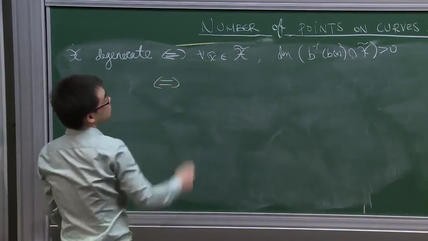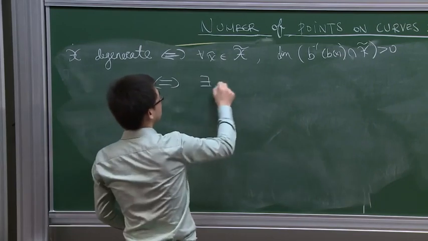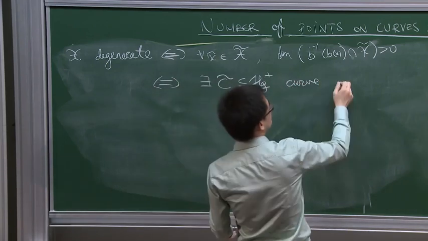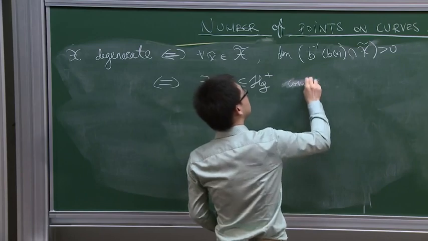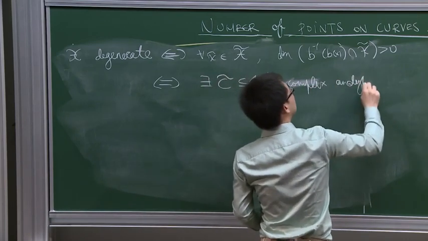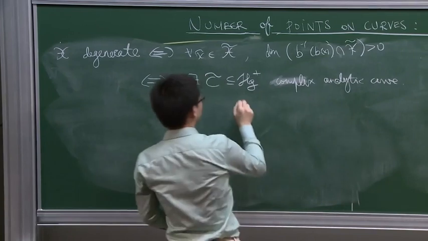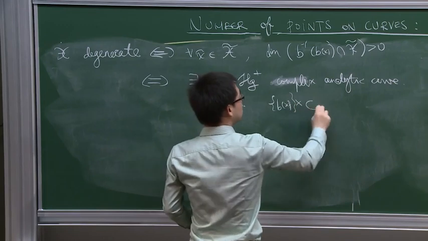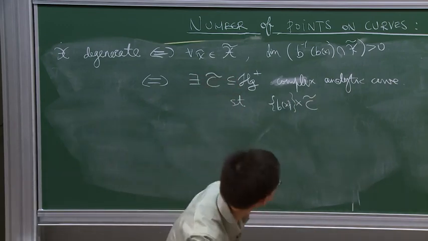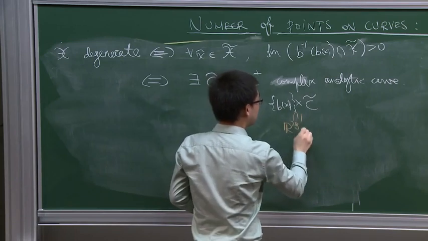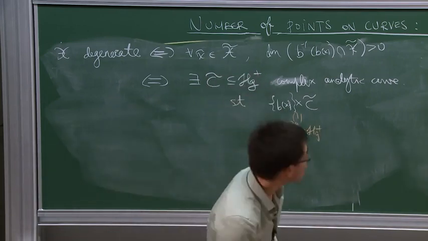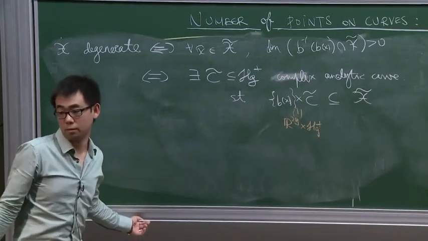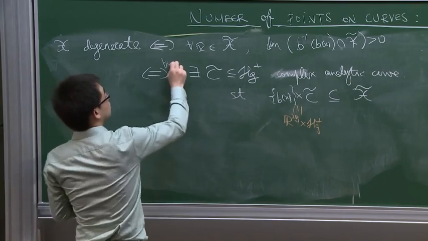And then this says that we actually have a complex analytic curve in H_G plus such that if we take b(x) times this curve, which is inside R^2G times H_G plus, it is contained in X tilde, for each x tilde.